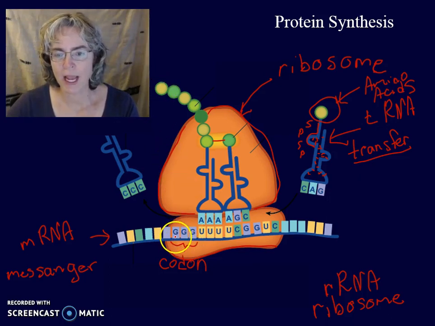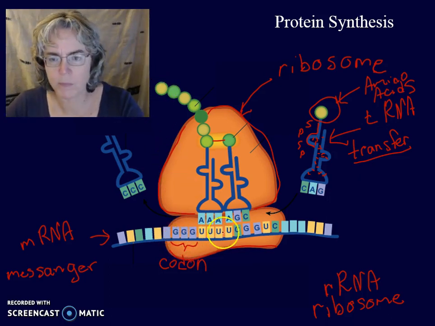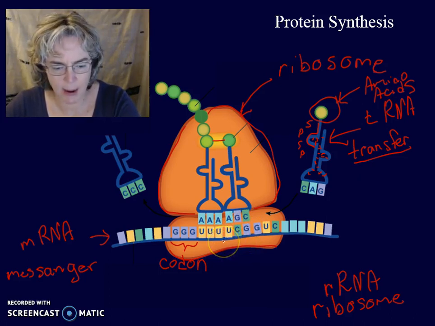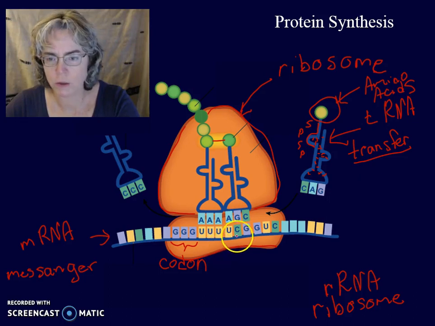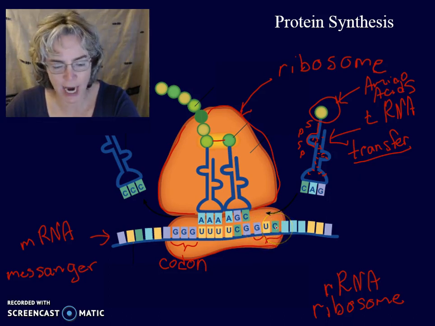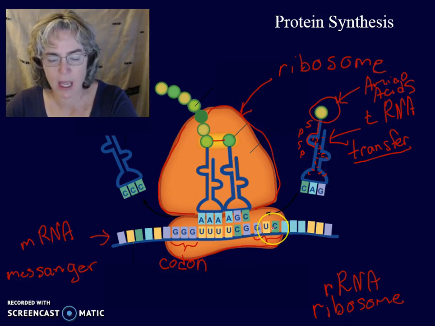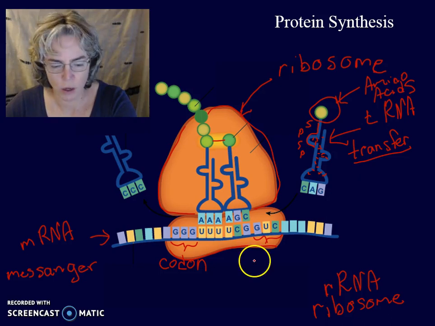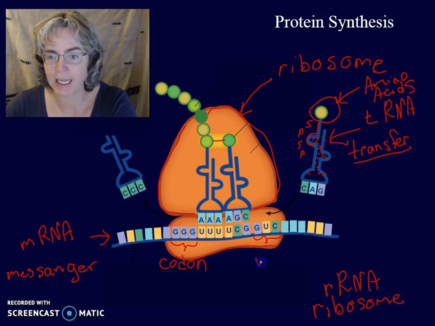Let's take a look at these three right here: guanine, uracil, and cytosine. In our mRNA molecule, this codes for an amino acid called valine.